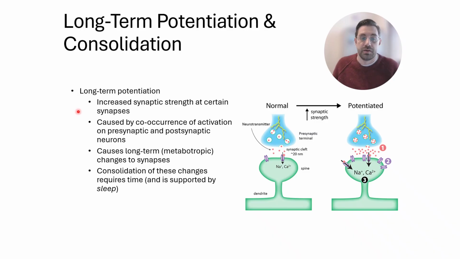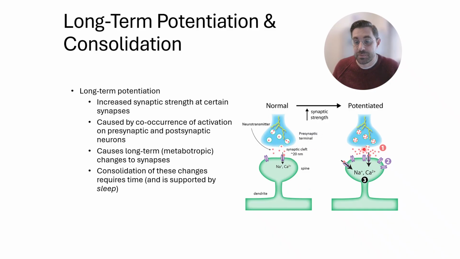Okay. So breaking that down, we've got increased synaptic strength at certain synapses. They're the synapses that are activated, right? So when I learn something, it activates synapses. Once those are activated, the synaptic strength can increase. Get co-occurrence of activation here and here. These are long-term changes, which we learned back in chapter 4 are called metabotropic changes, right? So it's not just that I've released an ion, ionotropic, but this activation caused metabotropic changes to the neurons themselves.